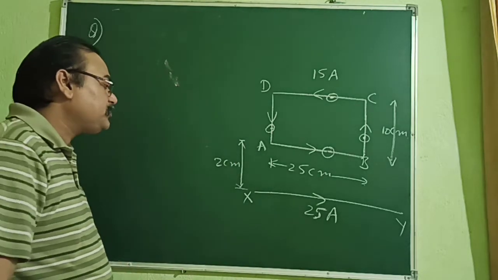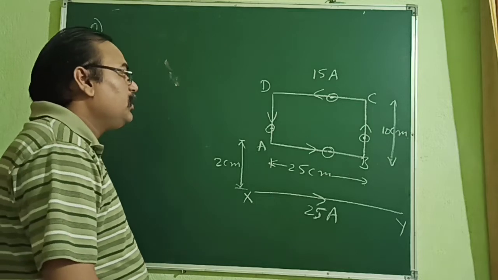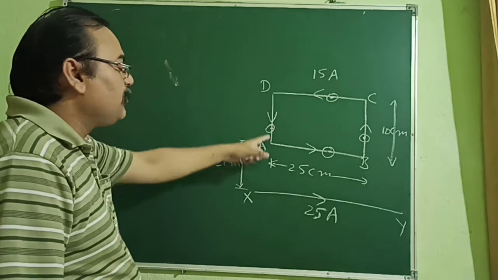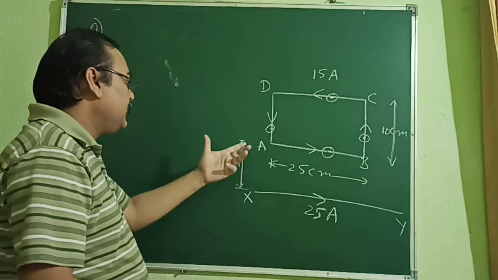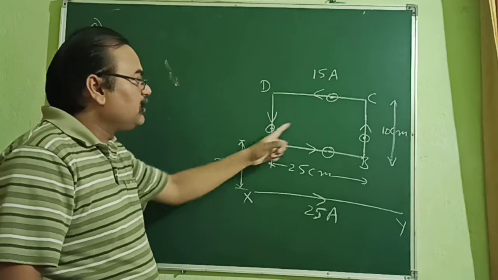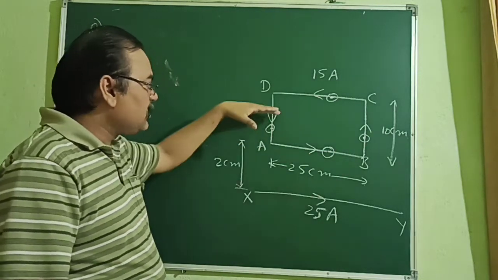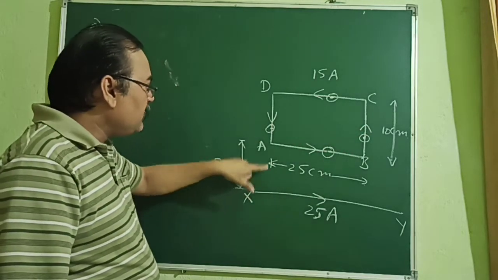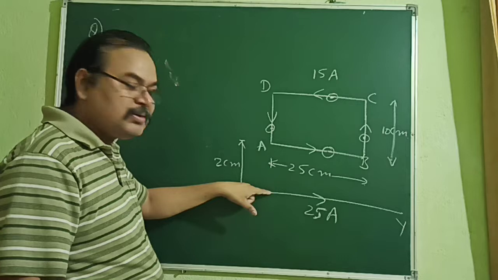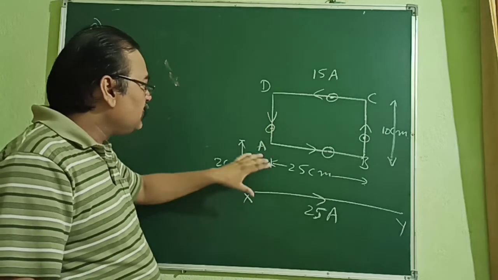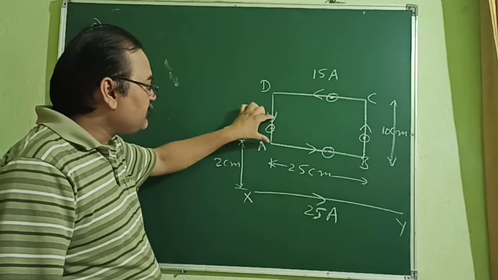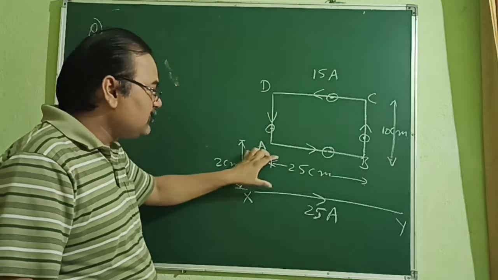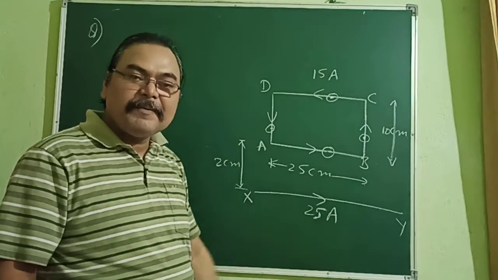Now, both the conductors are of same length and same distance from this conductor. You have to find the distance from the center of this conductor. This is 10 centimeters, so half is 5 centimeter plus 2, 7 centimeter is the distance. Here also the distance is 7 centimeter.